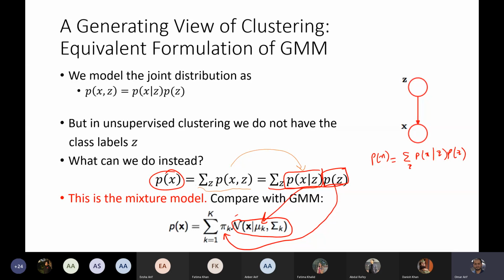So the mixing coefficient is basically telling you what is the probability of these three different clusters.